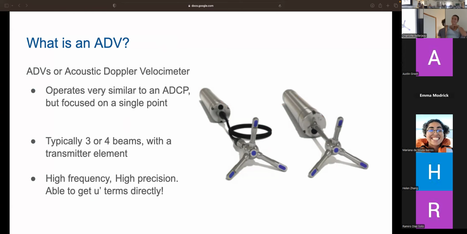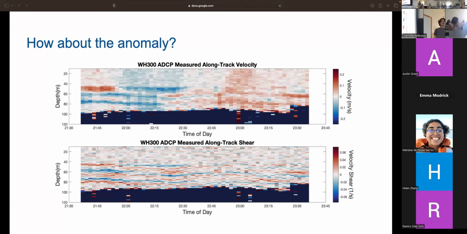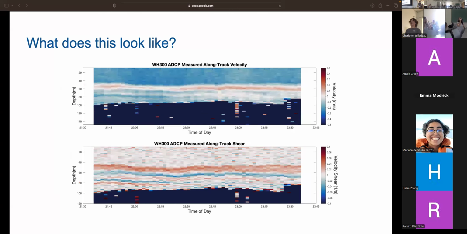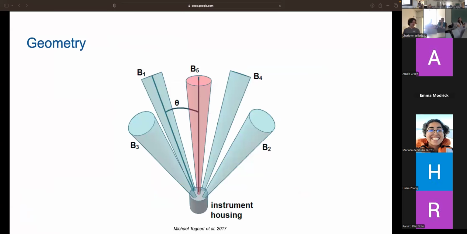So the data that you get, is it just the velocities directly beneath it? Yes and no. It depends on how deep you want to get into it, because technically we're getting a velocity estimate on each of these beams.